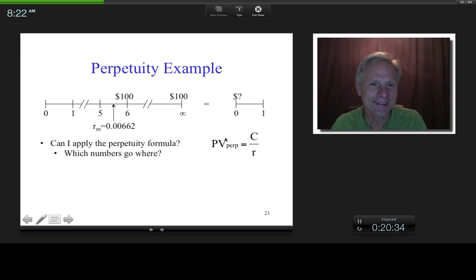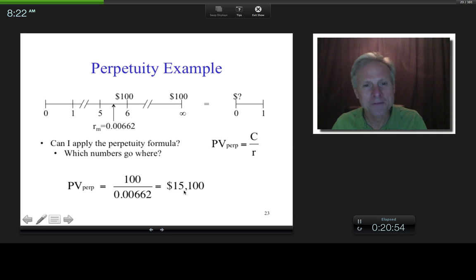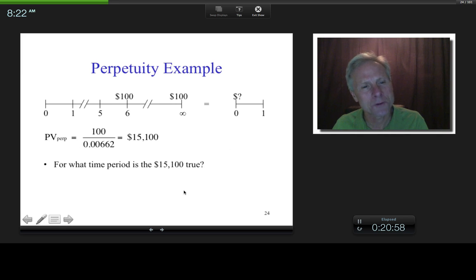Well, is the C the regular $100, the $100 we have every period? It is, right? And these are monthly periods, so my R better be an effective monthly rate, which we've just calculated. So the present value of the perpetuity comes to about 15,100. So here's my question for you. For what time period is this 15,100 true?